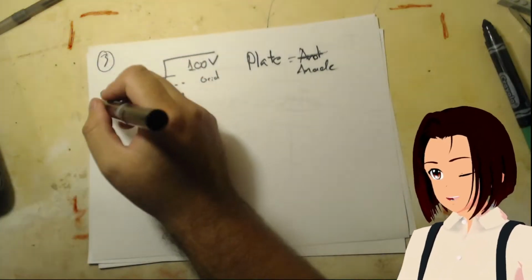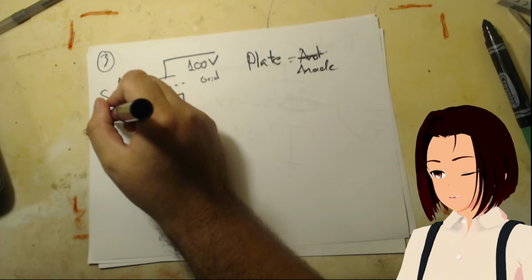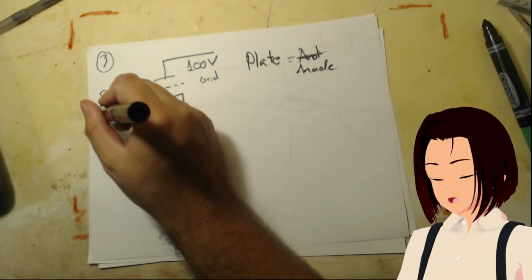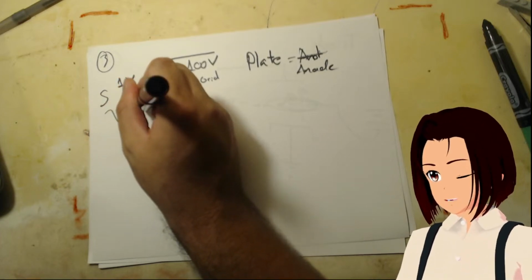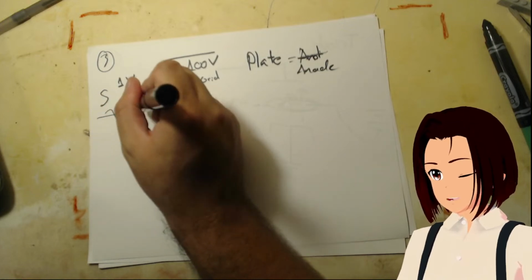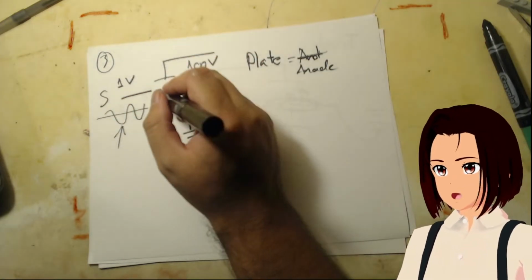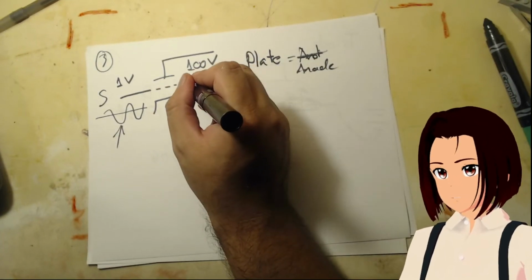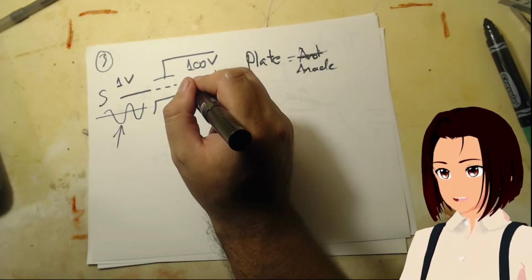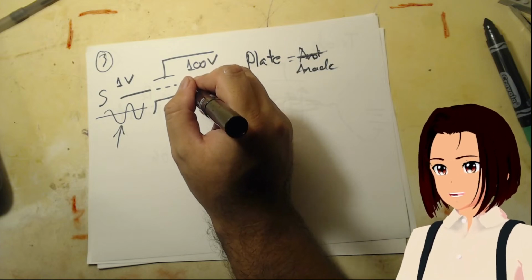let's say the signal is a sinusoid or something like that, and we're at the negative part. It will make the grid, we're calling this the grid, negatively charged.